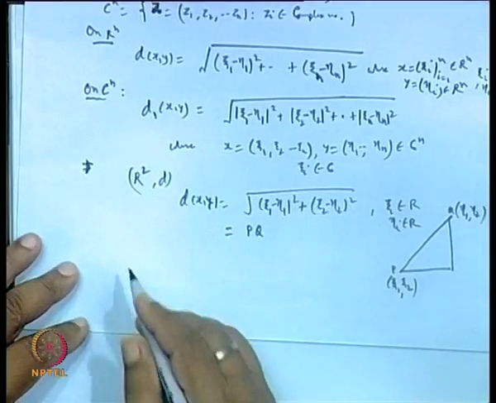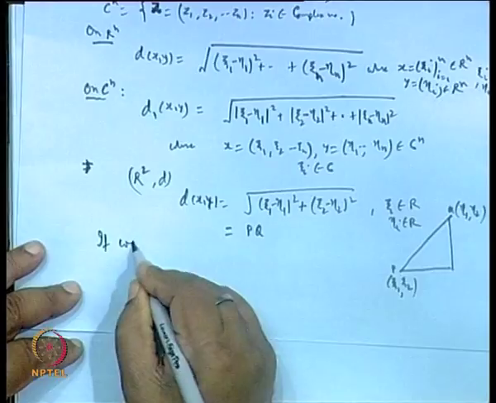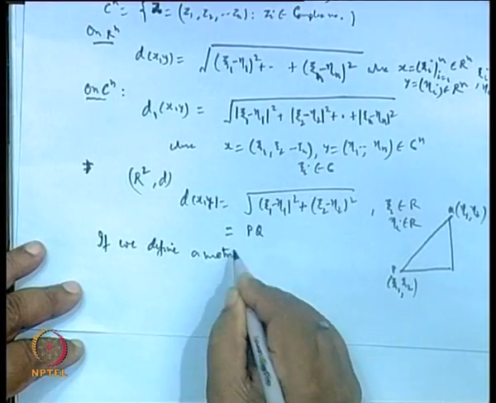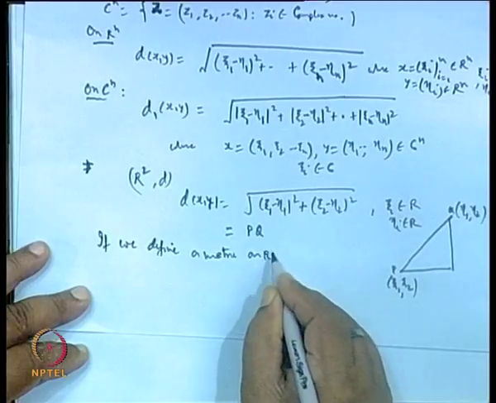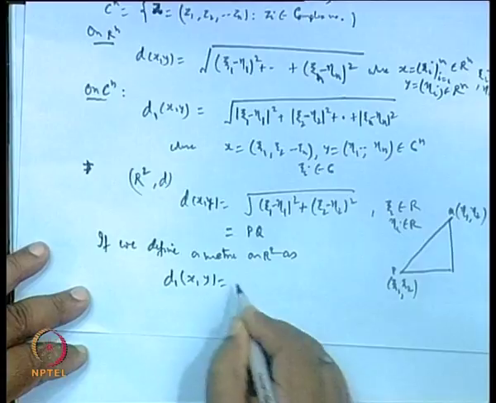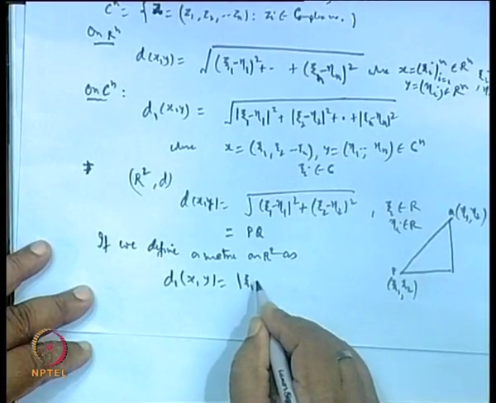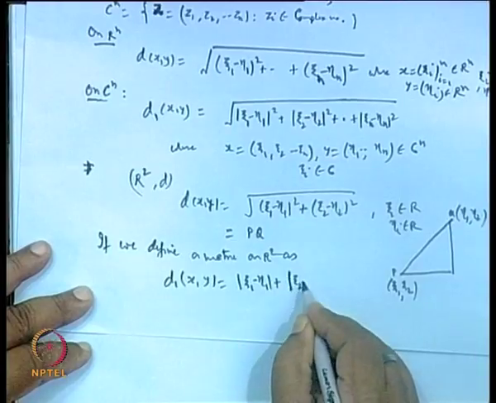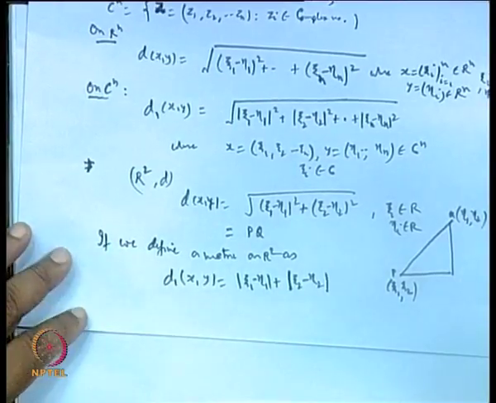For example, here if we define a metric on R2 as d1(x,y) equal to mod of xi1 minus eta 1 plus mod of xi2 minus eta 2.